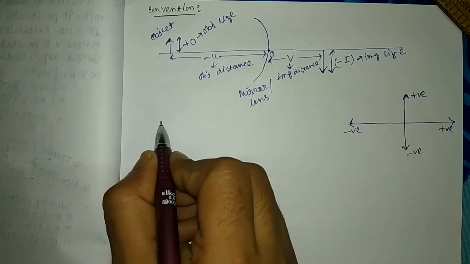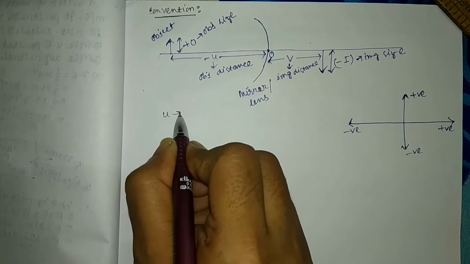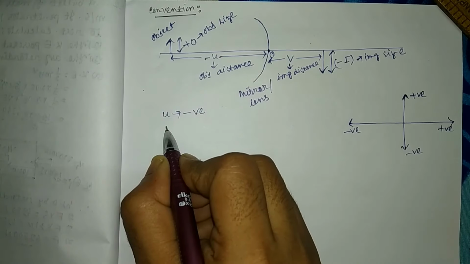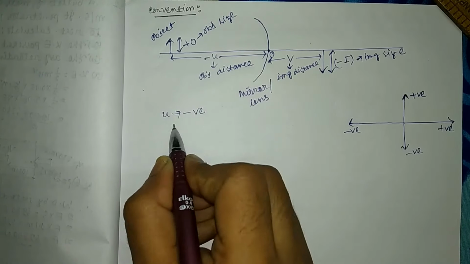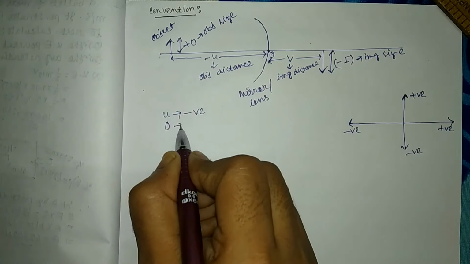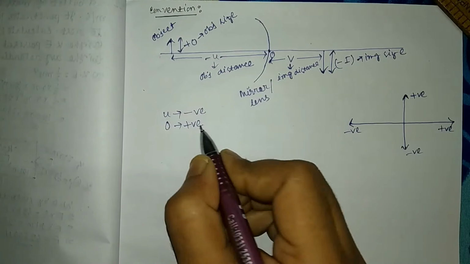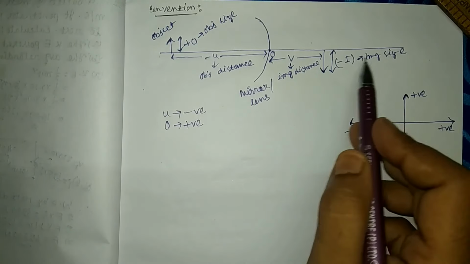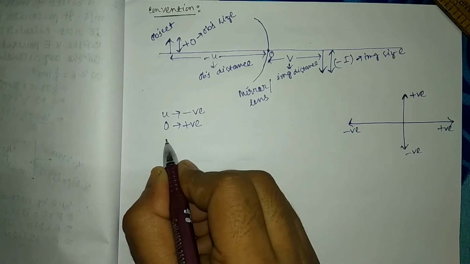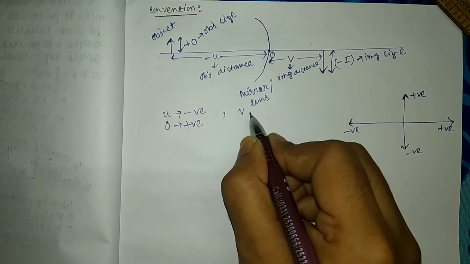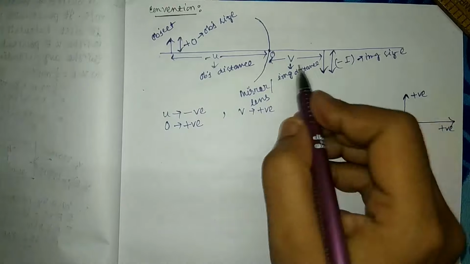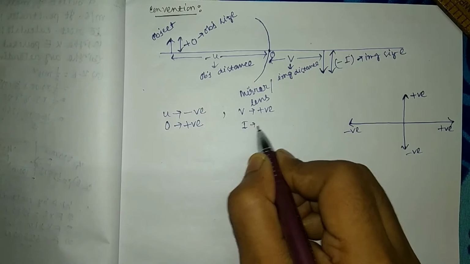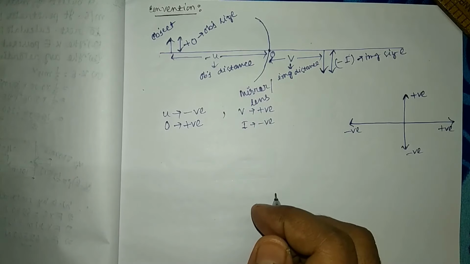Okay, so we will note down that U will always be negative and here O is always positive. Okay, and V is always positive and I is negative here.